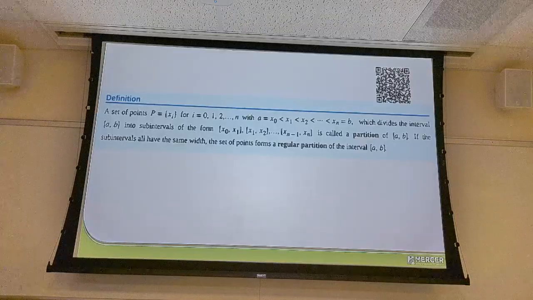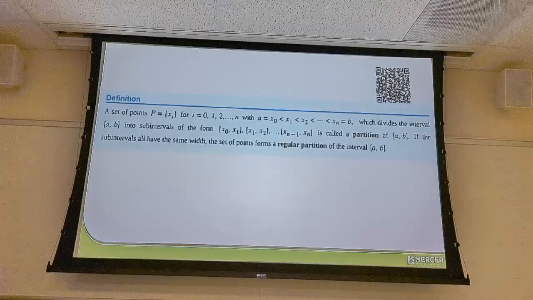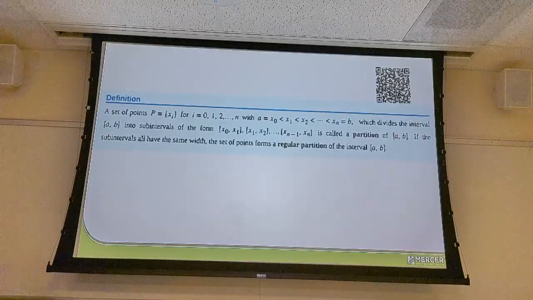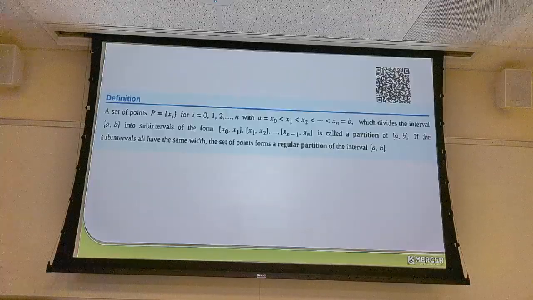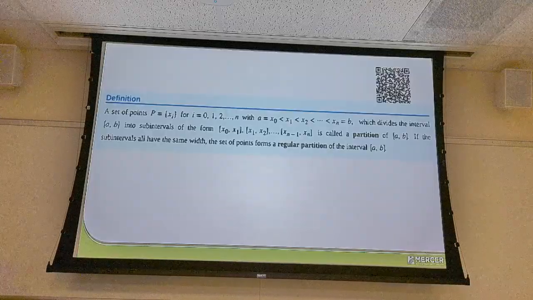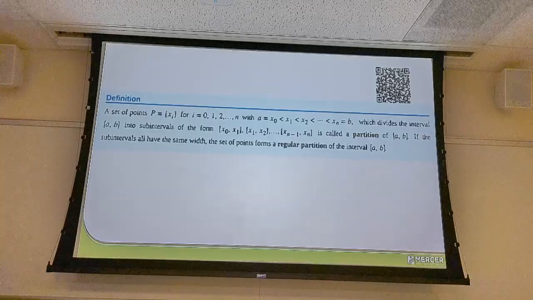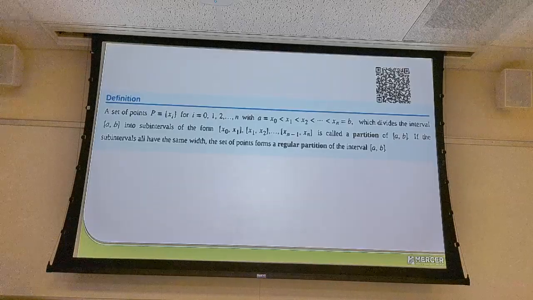So you're going to have points x0, x1, x2, x3, x4, up to xn. x0 has to be your left endpoint, xn has to be your right endpoint, and then everything in between obviously has to satisfy left to right, x1 less than x2, less than x3, less than x4, and so forth.